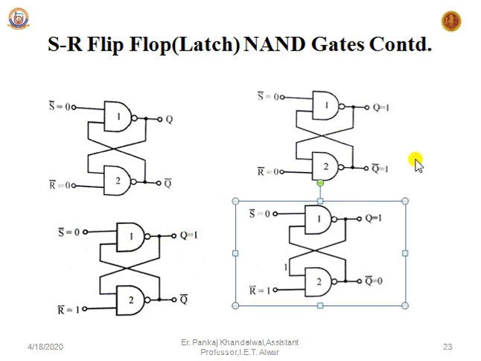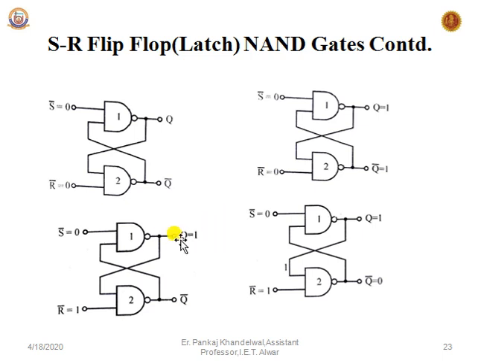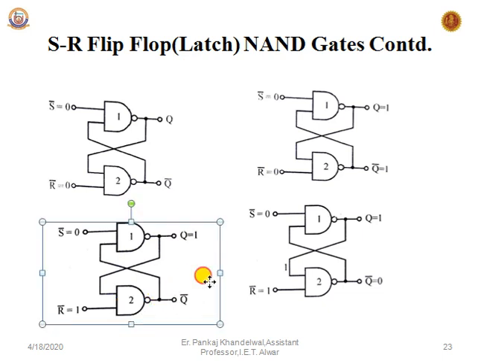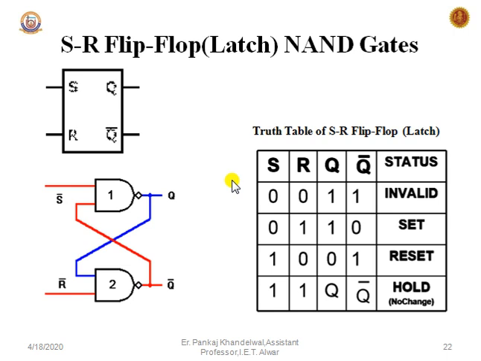After that this 1 goes through feedback to the input of gate 2, and gate 2 has 2 inputs, 1 and 1, so the output is 0. So Q bar will be equal to 0. When Q is equal to 1 and Q bar equals 0, this state is called the set state.